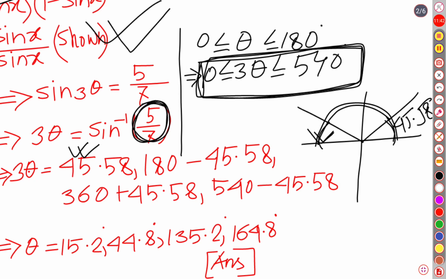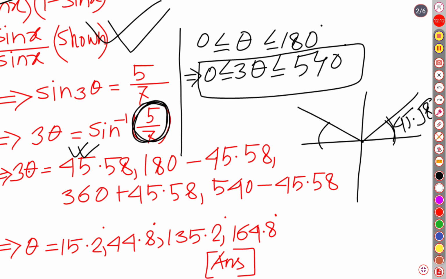Remember, anti-clockwise direction is positive and clockwise direction is always negative. All of the values of this domain are positive, so we can only move in the anti-clockwise direction. So if we move in the anti-clockwise direction, what are we going to get? Let me erase some of the part.